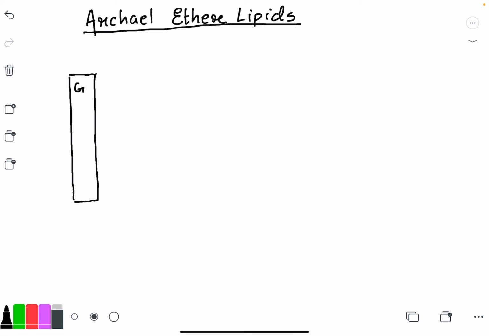This is a glycerol. This will have a phosphate group attached, and it will be attached to something called diphytanyl. Two molecules of diphytanyls will be there.